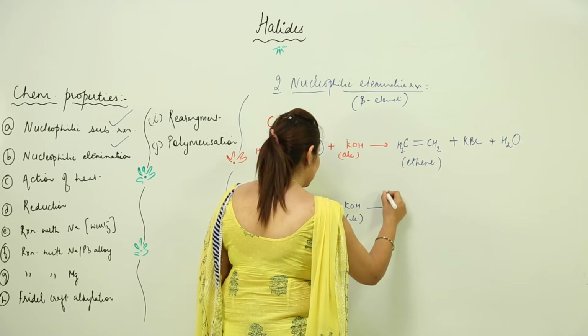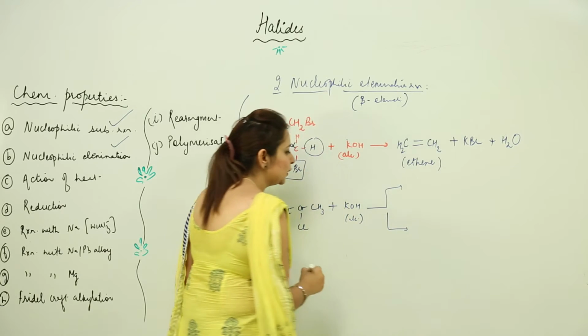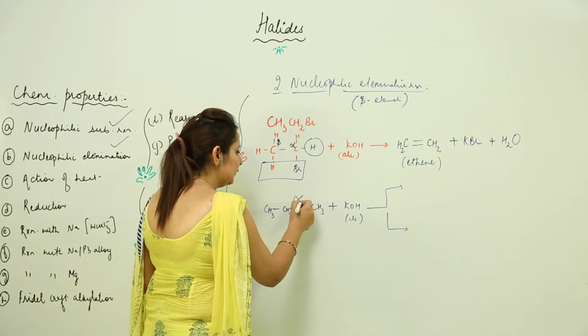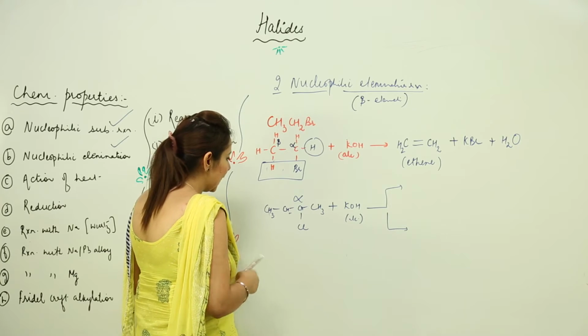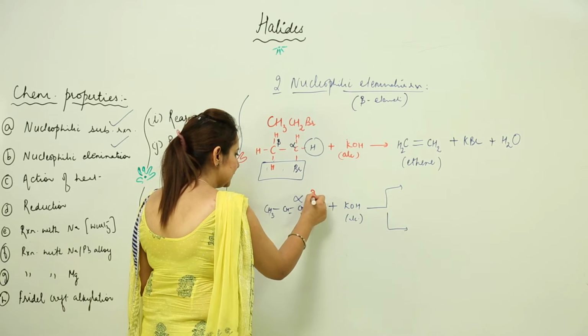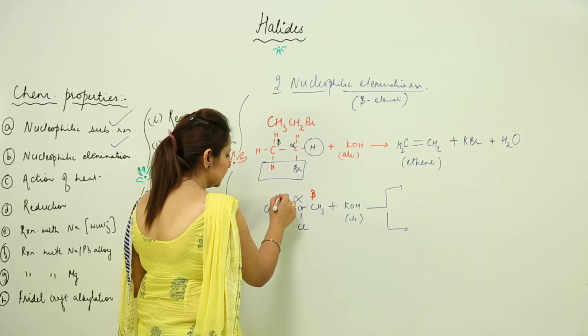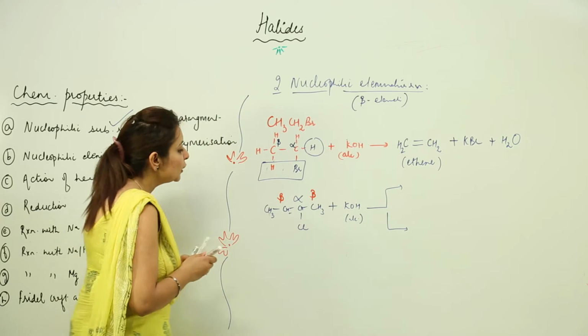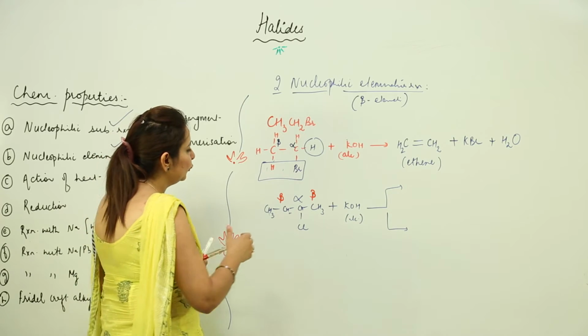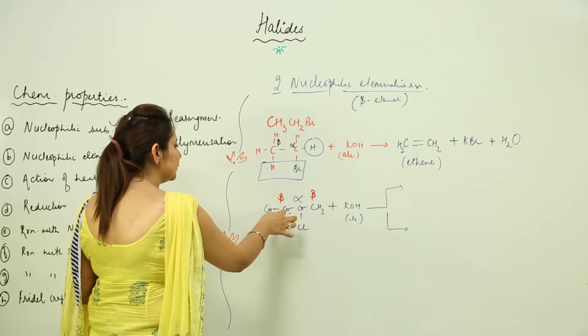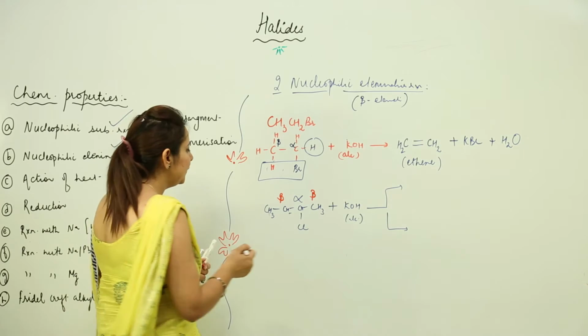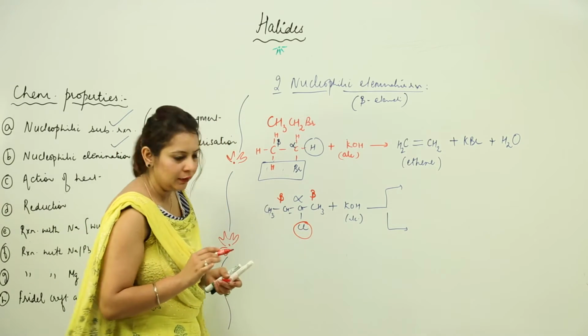I can have this elimination in two ways, because here this is my alpha, and we have two betas. One beta is the carbon next to this, and one more carbon is attached directly to this, so this is also beta. There is an option to remove the hydrogen from this beta, or from that beta. But definitely you are going to remove the halogen from this alpha.